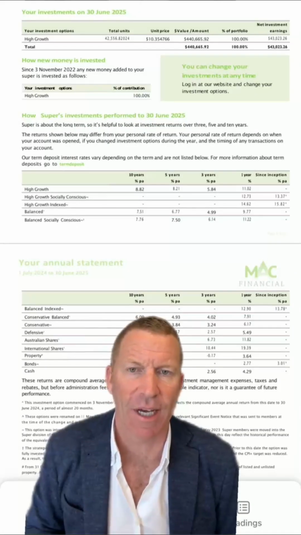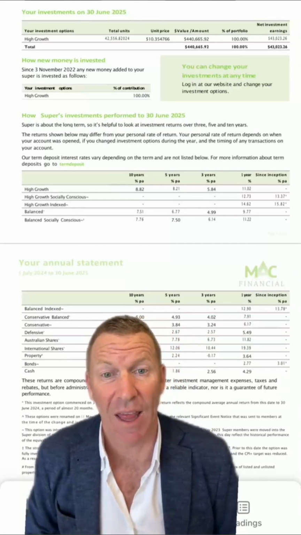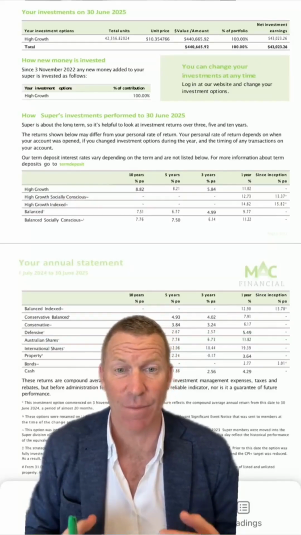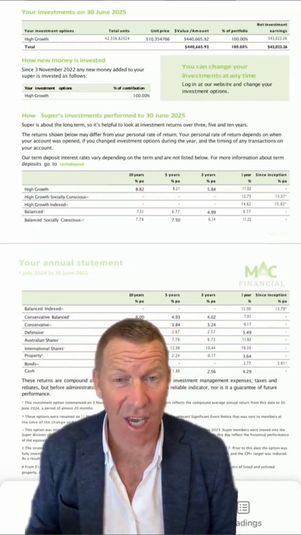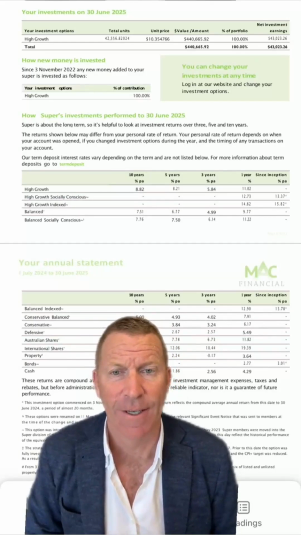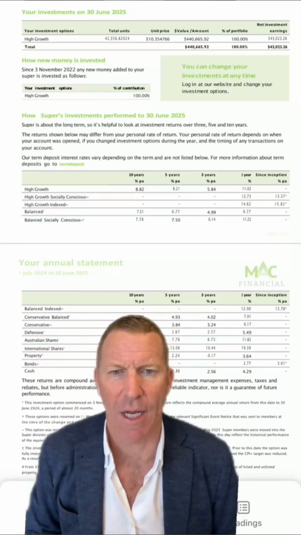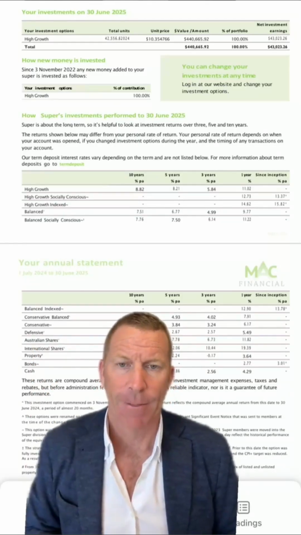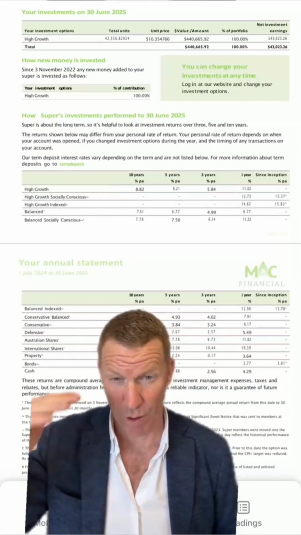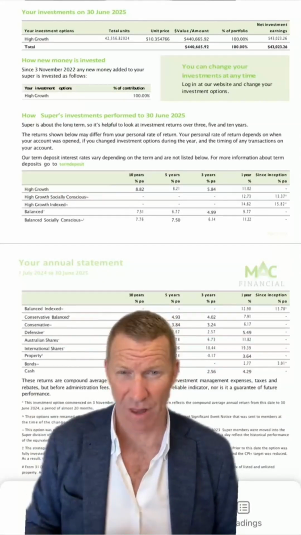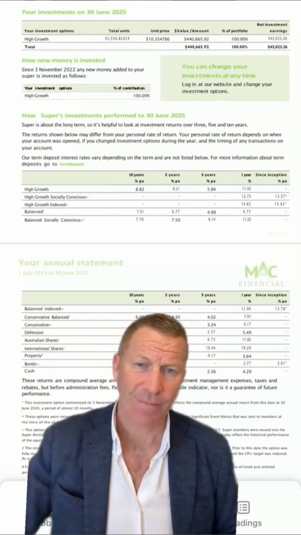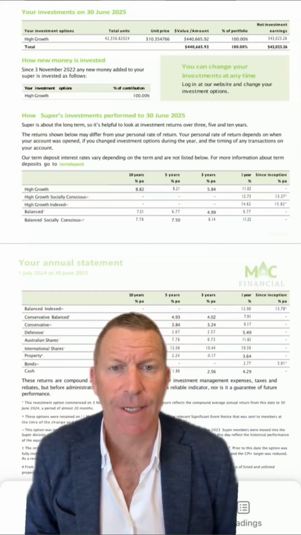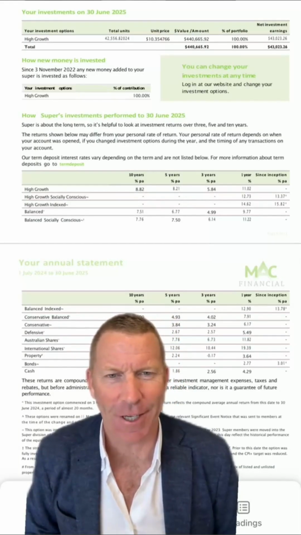By nature, the high growth will have a high proportion of the investments in growth assets such as shares and property, international and Australian, and then that will cascade down through the more defensive options as you go lower. The more defensive ones will have a higher proportion in things like government bonds, fixed interest type investments, and those sorts of things. But I've done other videos on that, you can check those out.